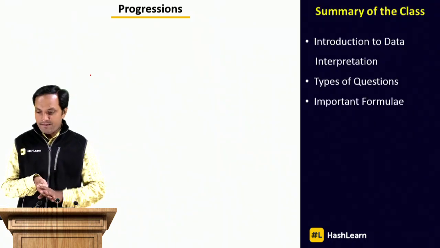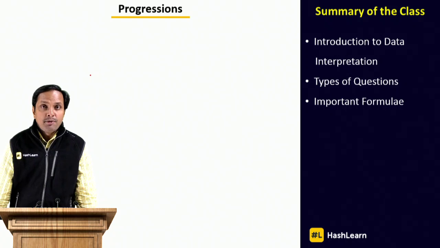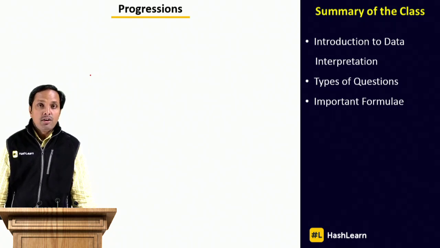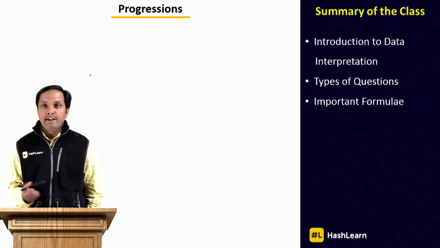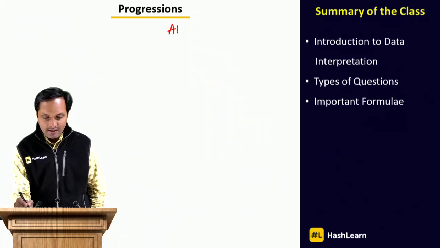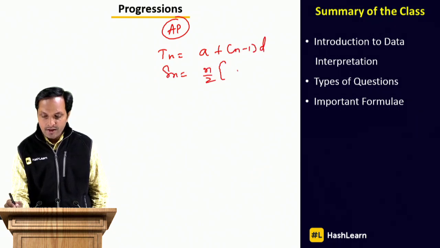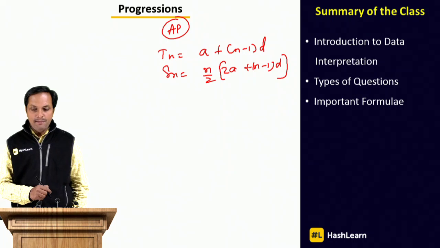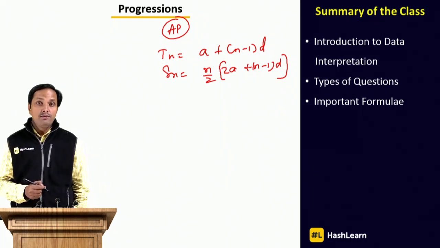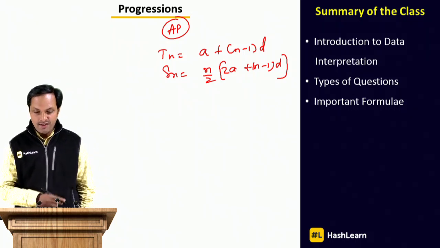So summary of the class is: we did the problems on two concepts, that is arithmetic progression and also geometric progression, and we learnt the important formulas on AP. The two main important formulas are nth term a plus n minus 1 into d, and sum of n terms n by 2 into 2a plus n minus 1 into d. And also when they ask you to find three consecutive numbers in AP, take a plus d and a minus d, preceding one.